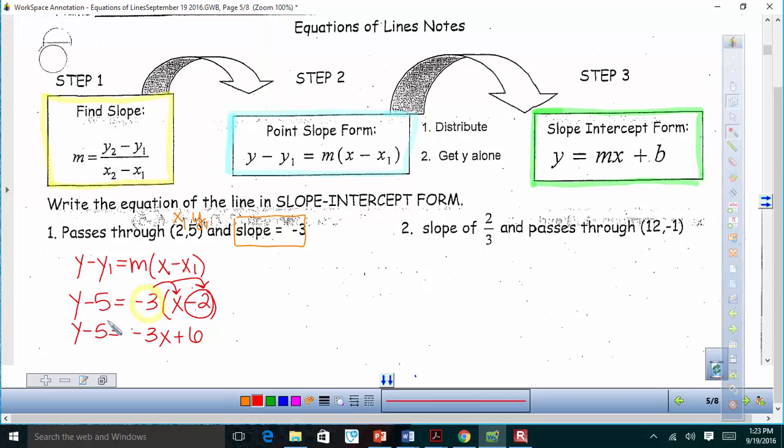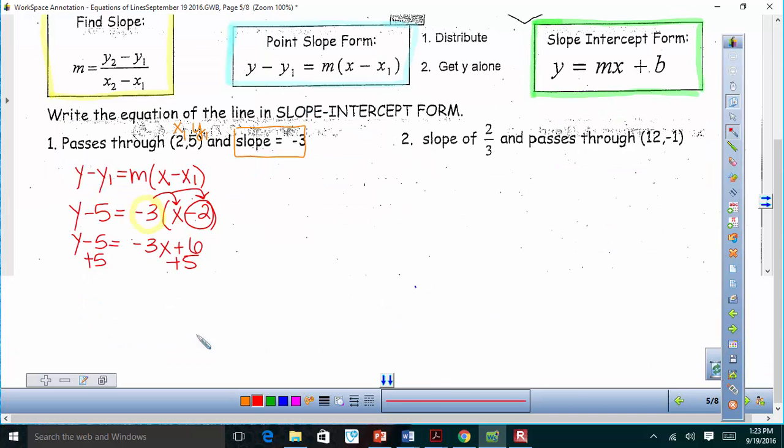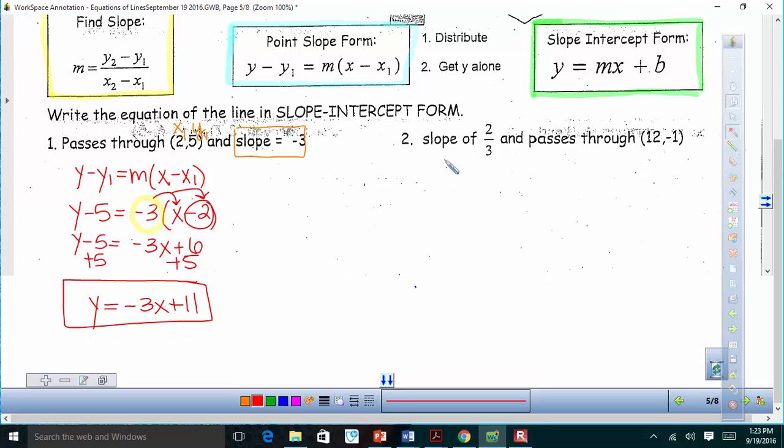And from there, how would I get y all by itself on this side? Add 5 to both sides. So this would give me y equals negative 3x plus 11. Okay? And so this is in the form of y equals mx plus b. Our m is negative 3, our b is 11. Does everybody see the form we're going for? Okay?